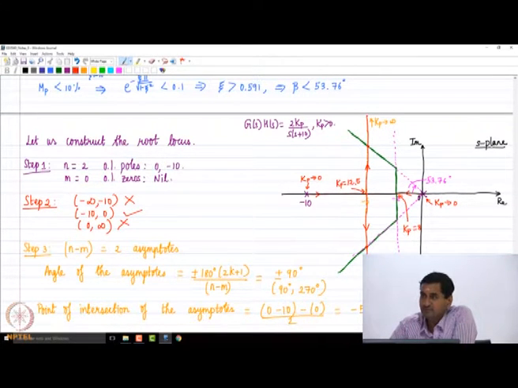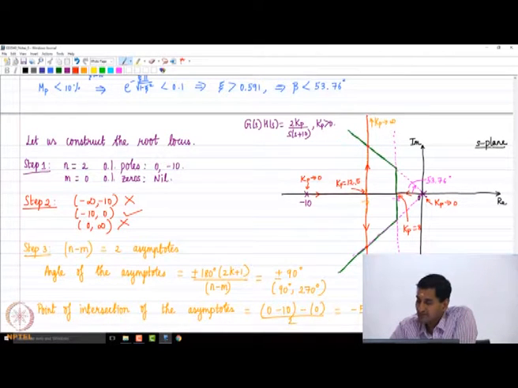First, I need to figure out what that point is. How do I find out the coordinates of that point? I hope it's clear what I am doing. I am figuring out for what range of Kp the two branches of the root locus lie in this green open trapezoidal region, which is bounded by these green colored lines.